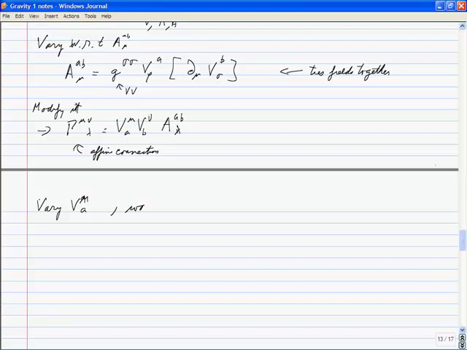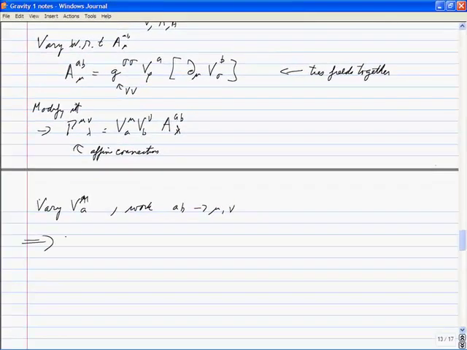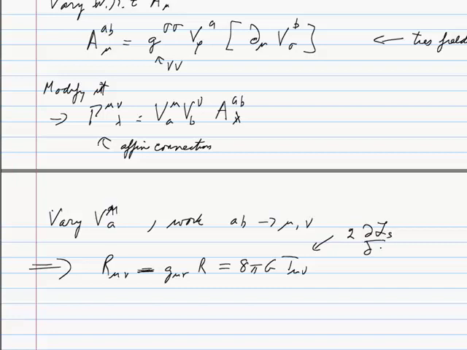Okay, and then there's some work to play with it in terms of converting all these indices, the A and B indices go to μ and ν type indices, just by multiplying by the right powers of V. That turns into R_μν − ½ g_μν R = 8πG T_μν, where T_μν is 2 times the derivative of the scalar Lagrangian with respect to g^μν.